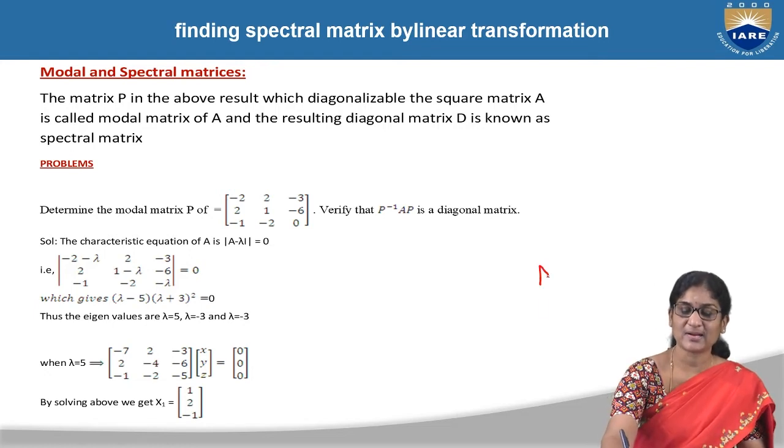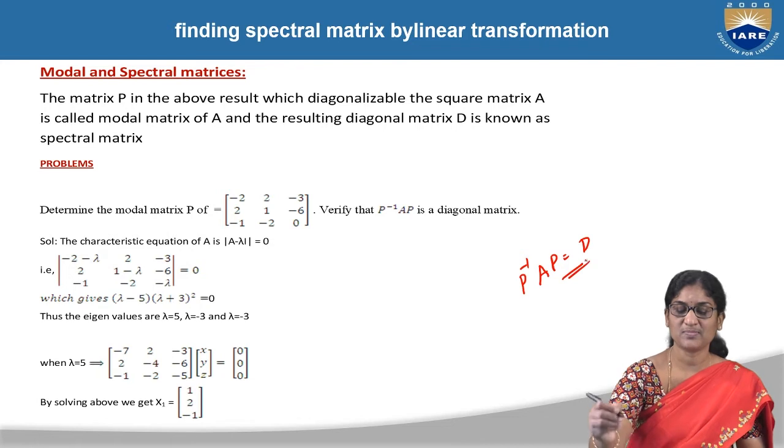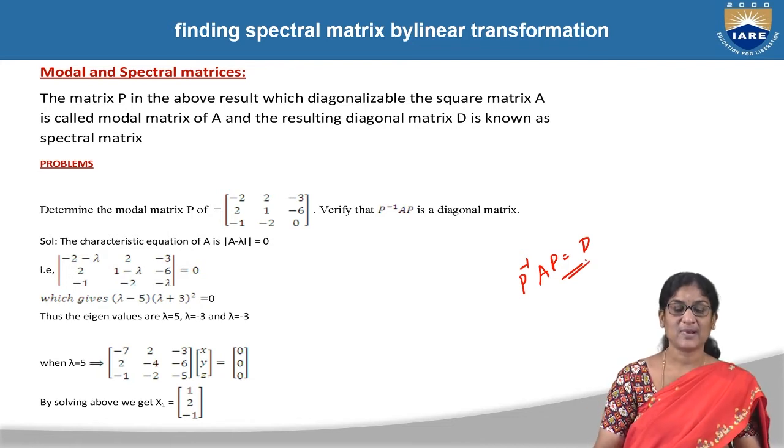Suppose A is a matrix, then P is a modal matrix if P inverse AP is equal to a diagonal matrix, and the resulting diagonal matrix is known as the spectral matrix.